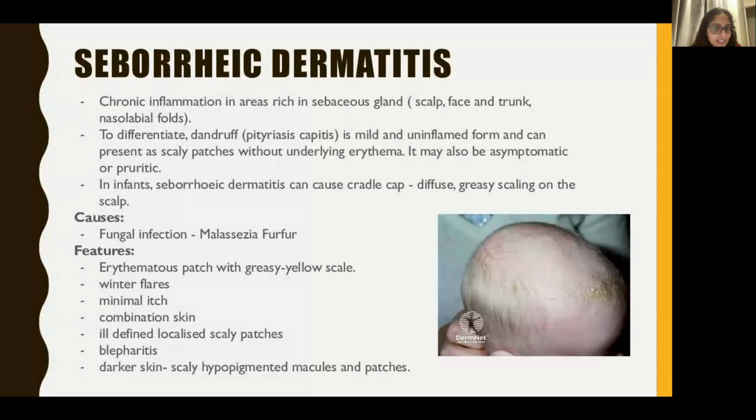So like we mentioned, it would be erythematous patch, such as seen in the previous image, with a greasy yellow scale. In winter, you might see flares. There may be minimal itching associated with this, and it can occur in combination skin as well. There may also be blepharitis associated with it if it's near the eyes. And in darker skin types, you may see some scaly hypopigmented macules and patches.